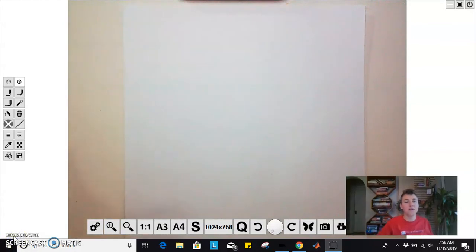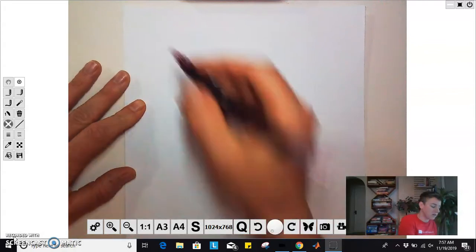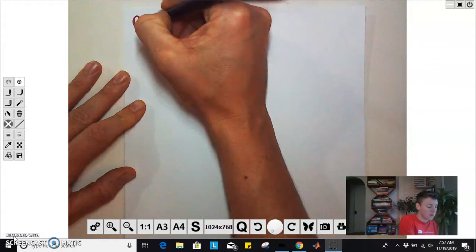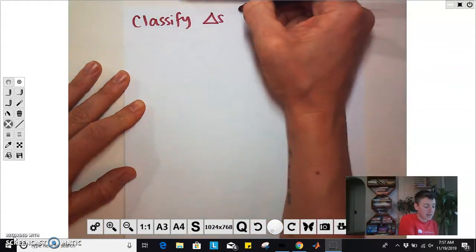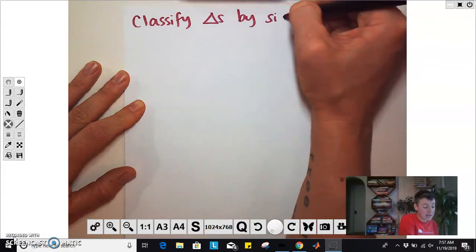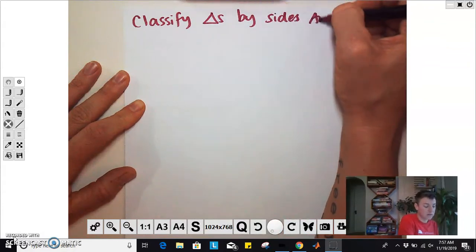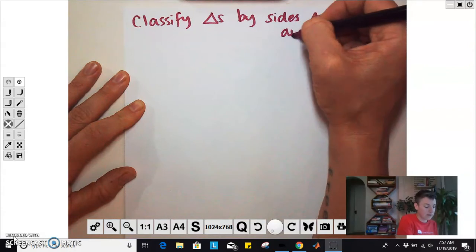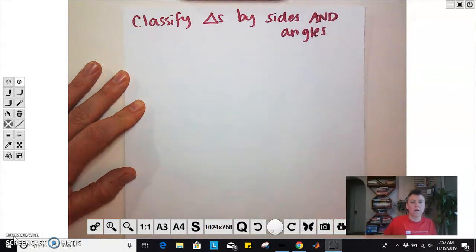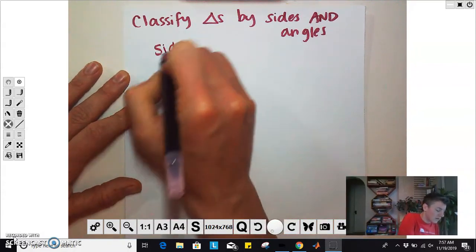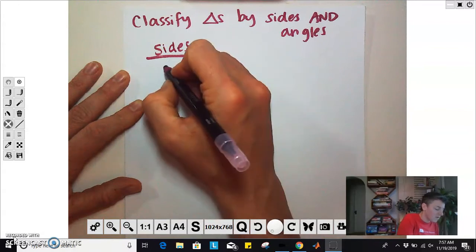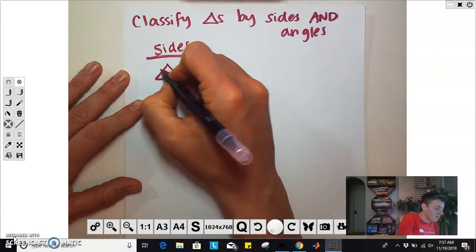Okay, the rest of the stuff for your test is all about triangles. You need to be able to classify triangles by their sides and angles. So let's think about the classifications we have. By their sides, we could have all the sides being equal, right?